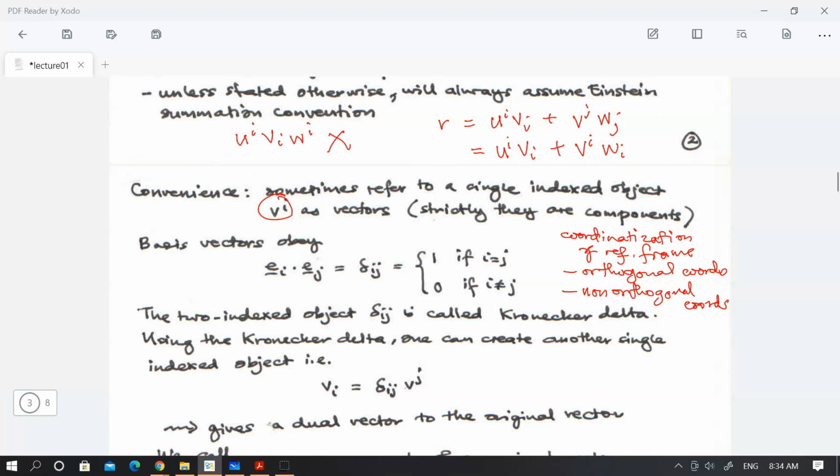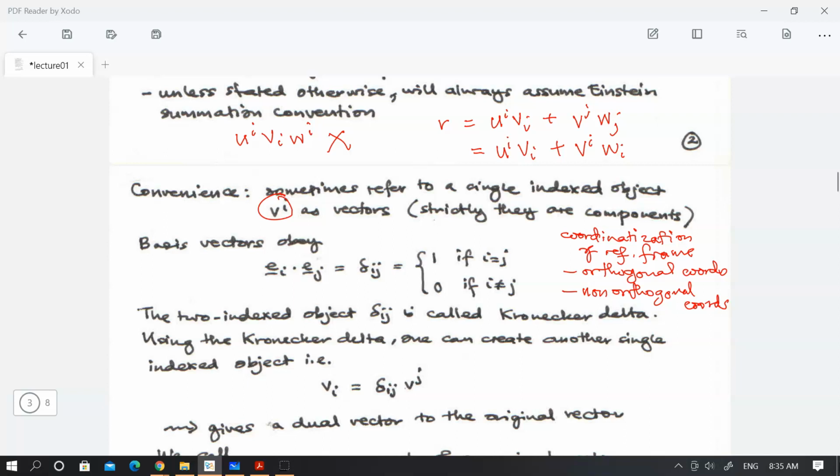For the case of orthogonal coordinates, your basis vectors behave in this manner. When you take the dot product between two basis vectors, it gives you 1 when i equals j. So e_1 dot e_1, for example, is 1. But if i is not equal to j, like e_1 dot e_2, then that will be 0 because it's orthogonal.